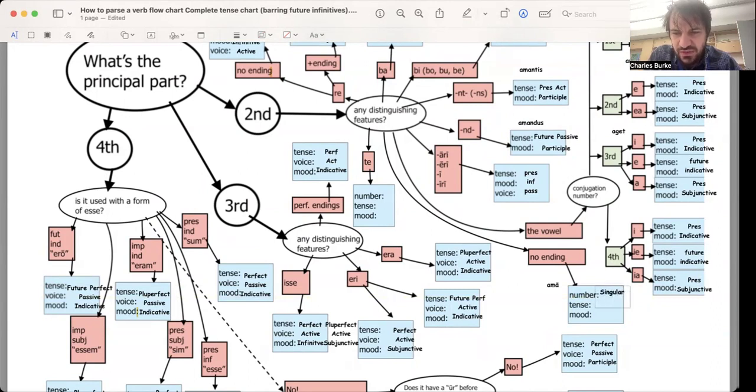It's because this is your singular, and it is present imperative. The reason I can say singular is because the way you form the plural is you add te. So if you see the te, and I want you to picture something like amate, then what you have is your plural present imperative.